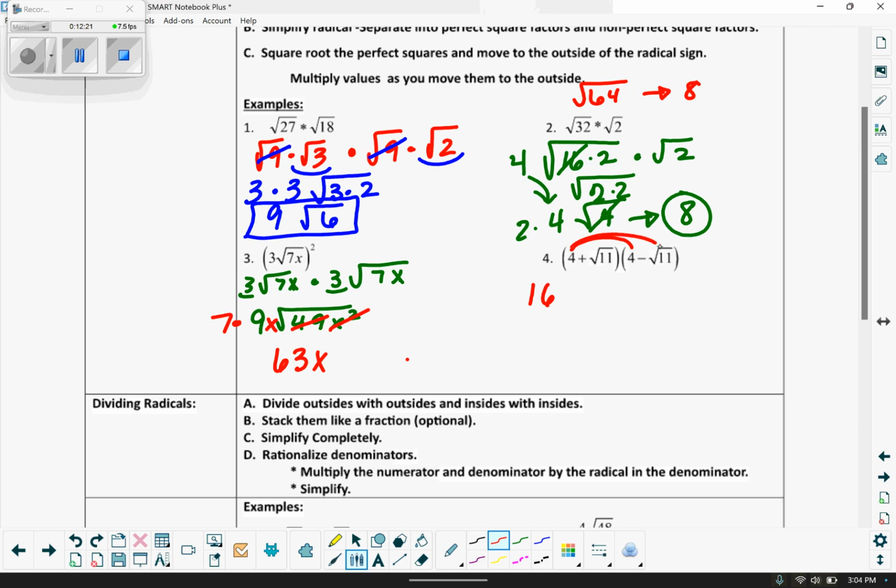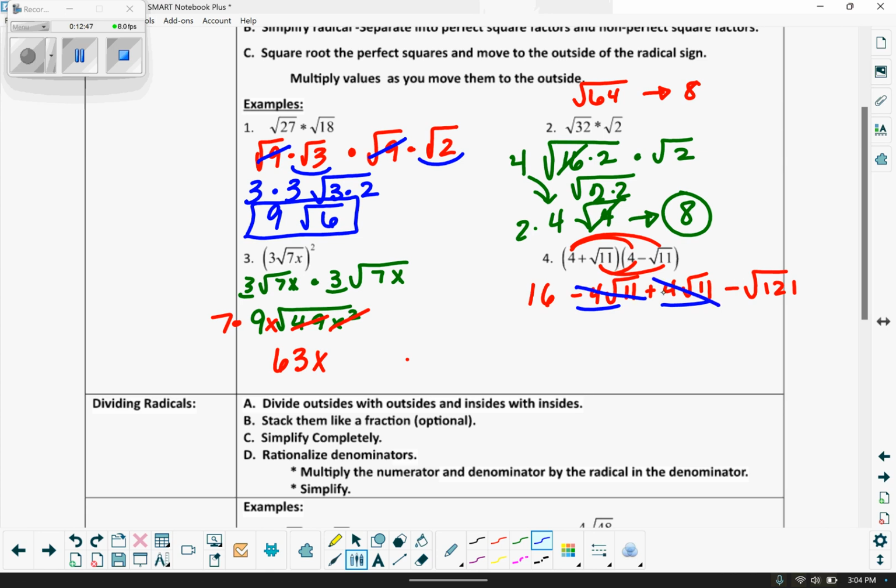And then 4 times negative radical 11 is going to be negative 4 radical 11. Then I'm going to get plus 4 radical 11. And then I'm going to get a negative radical 11 times 11, which would be 121. Now, the two interior terms are going to cancel each other out because you can combine like terms.